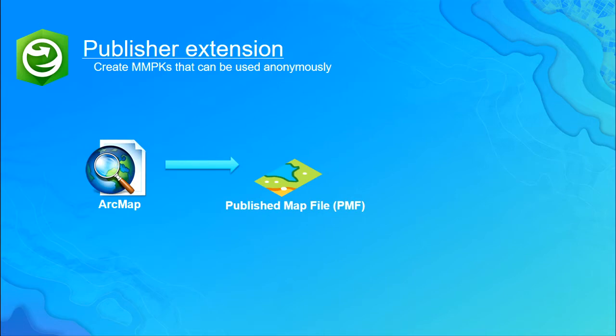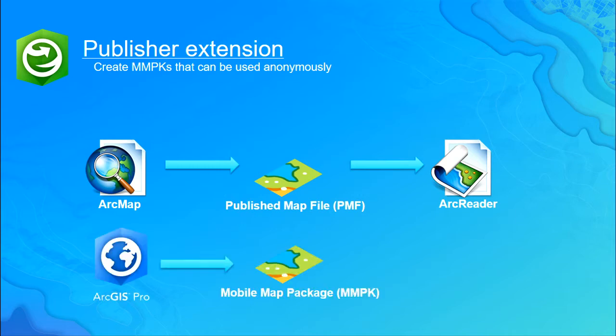It would allow you to create published map files, PMFs, and read those published map files in ArcReader. Going forward in ArcGIS Pro, the publisher extension will allow you to create anonymous mobile map packages that then can be used in Explorer for ArcGIS and any other apps that might take advantage of the functionality.